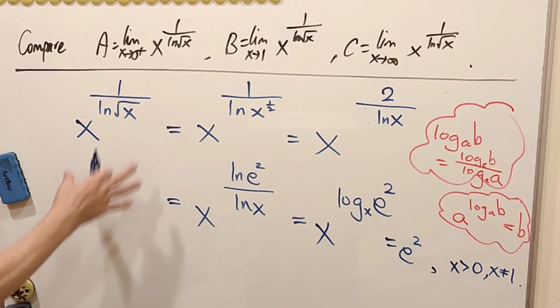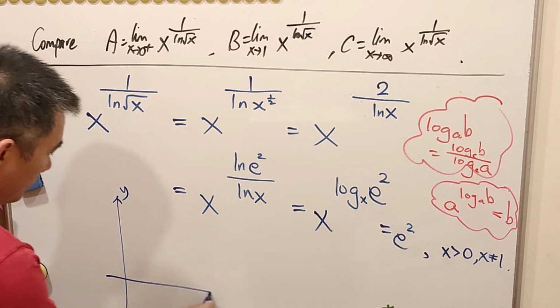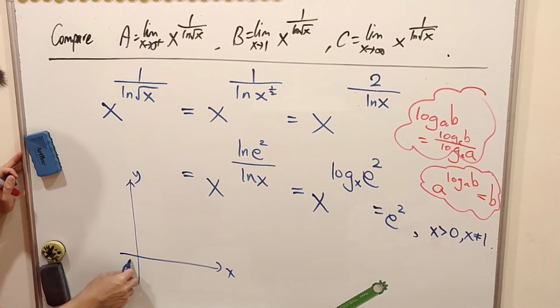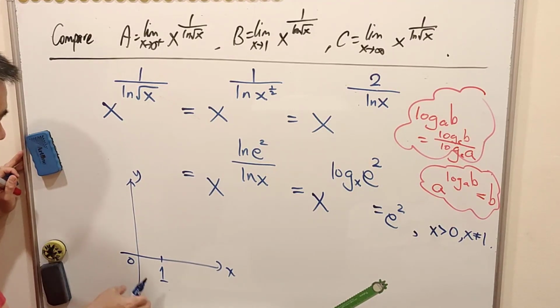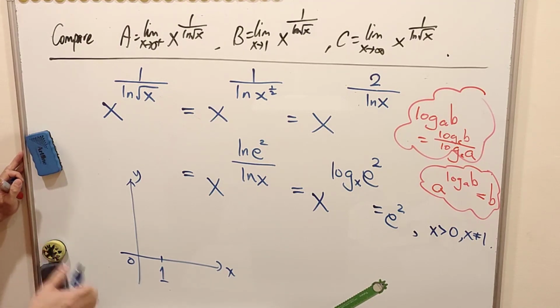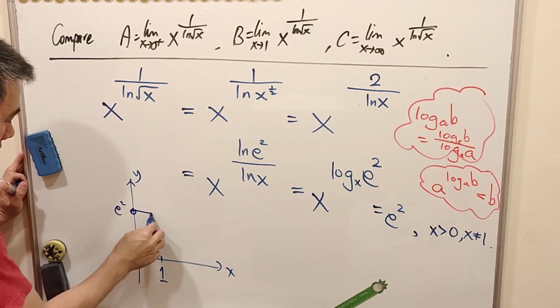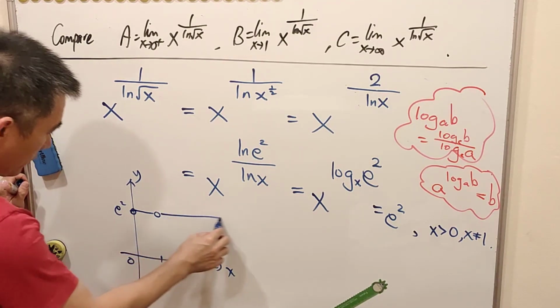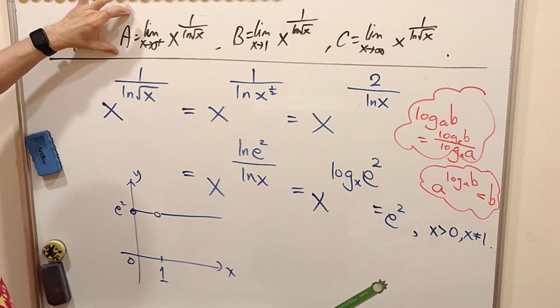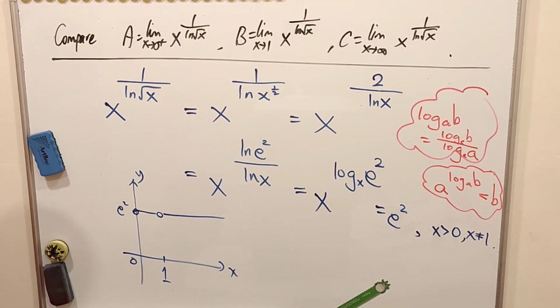So now we know that this function is actually a constant function, where x is more than 0 and not equal to 1, and the value is always equal to e squared. So the values of a, b, and c are all the same, and they are all equal to e squared.